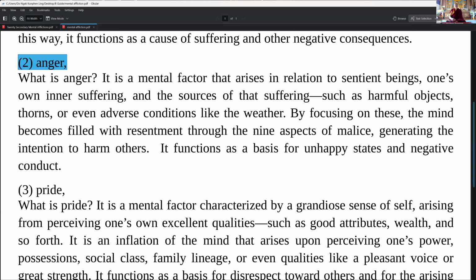You can think of the 9 aspects as also being the causes of anger. What are the 9 aspects? 3 refer to yourself, 3 refer to your relatives whom you love, and 3 refer to the enemies.